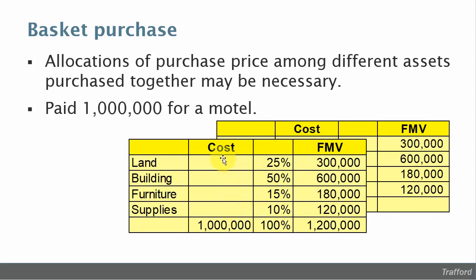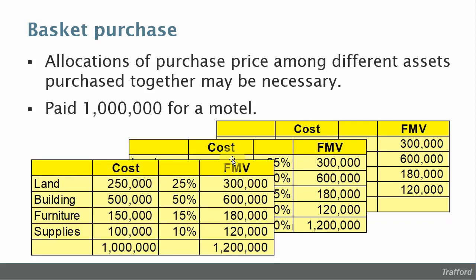So 25% of $1 million, $250,000 of the cost will be allocated to the land. Similarly, building's 50% of the value, it should also be 50% of the cost, and so on down the line. This is the normal way in which companies allocate a purchase price when they buy multiple assets.